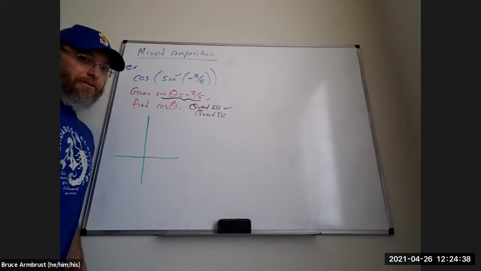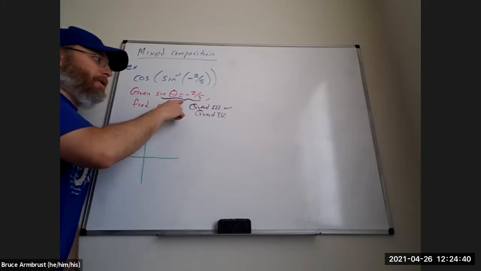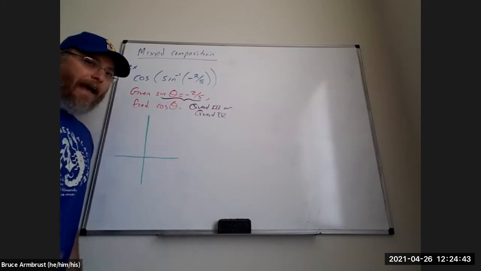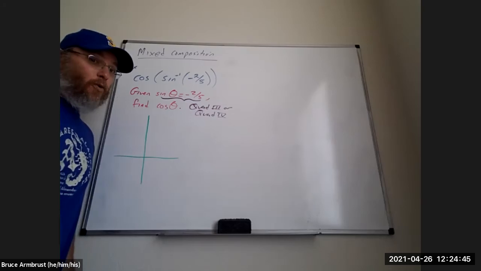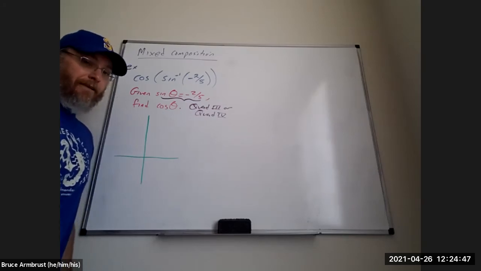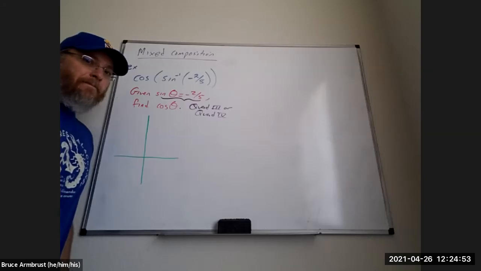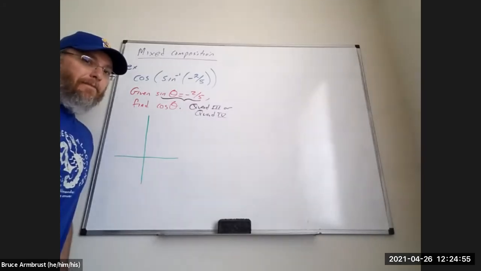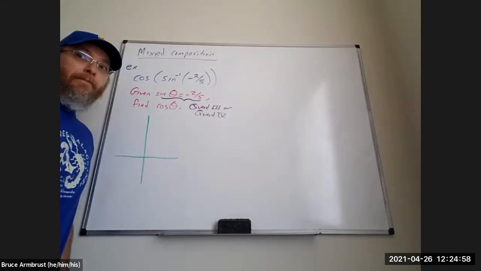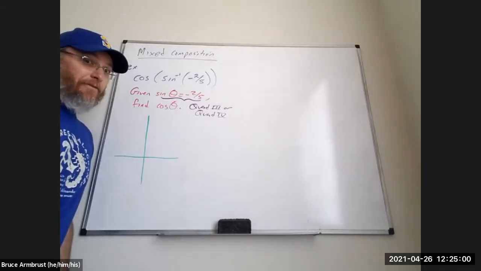But there's good news. This isn't all we know about it. In fact, you should be able to tell me which quadrant this angle is in, because there's only one choice. And I'll give you a hint. We're dealing with inverse trig functions.